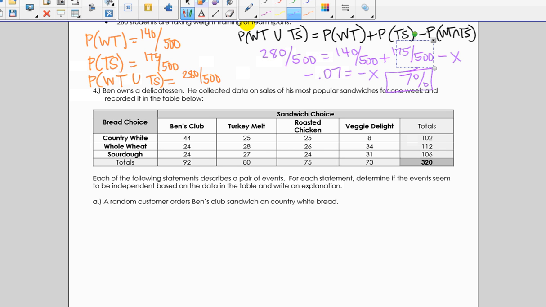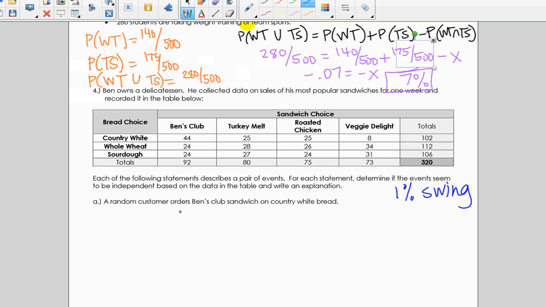It says each of the following statements describes a pair of events. For each statement, determine if they're independent based on the data in the table and write an explanation. That's when we're using the independence rule from the first page, and we are determining if it's a true statement. Remember, you have a 1% swing here. If it's within 1%, then we say they're independent because we have such a large sample space.